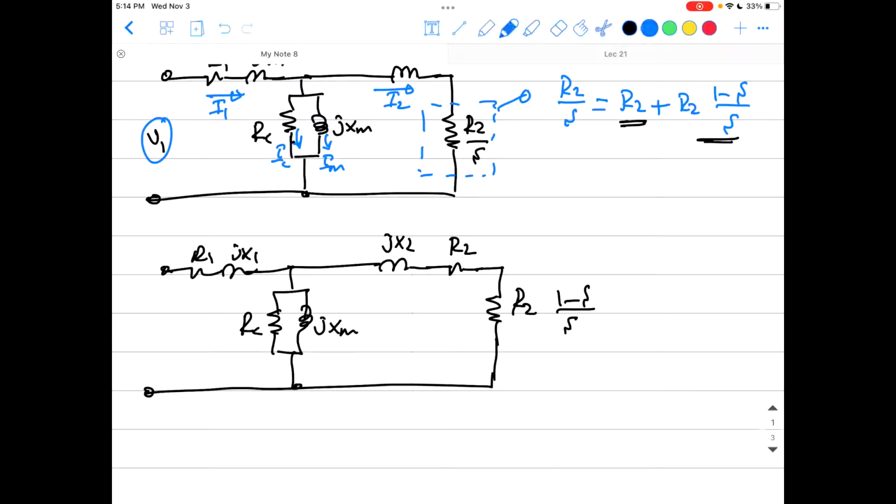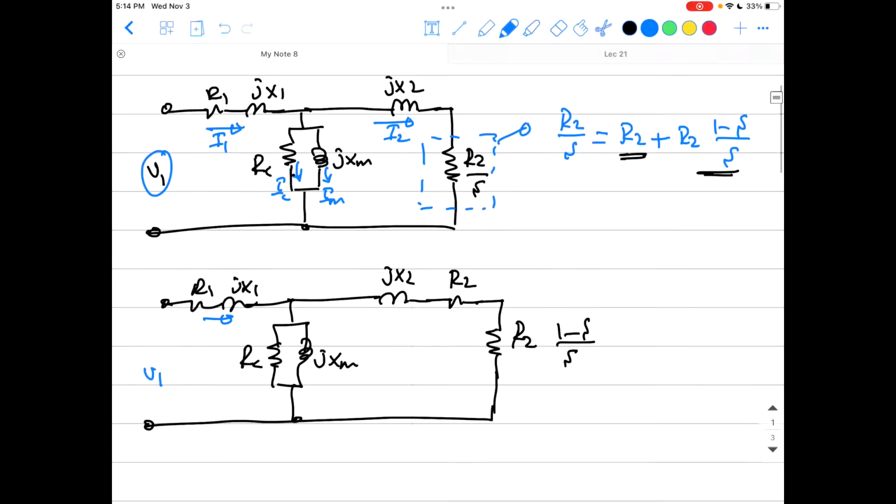I did nothing here, it's just dividing this. Why? Because now you will have here the internal impedance of the rotor, R2 plus jX2, and R1 plus jX1 in the stator. And this last term will just look like the load in the equivalent circuit of a transformer.